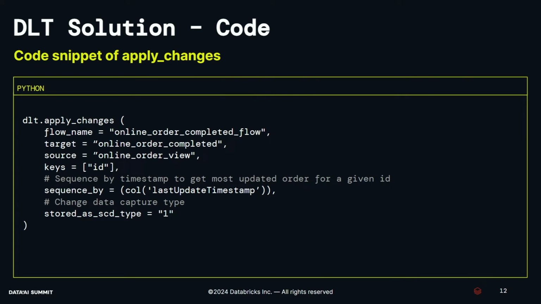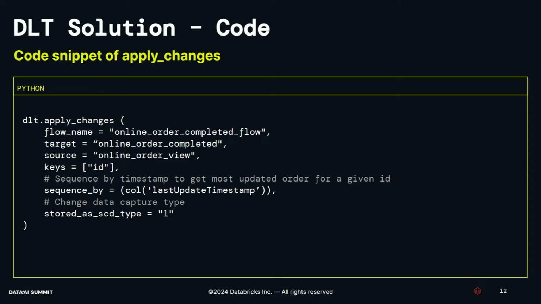So I will skip ahead and we'll actually look at an example code snippet of how we used apply changes for both of these views. We had two distinct apply changes blocks, one for our ongoing Kafka flow, and one for our history data. This is the one that would be associated with the ongoing Kafka flow.